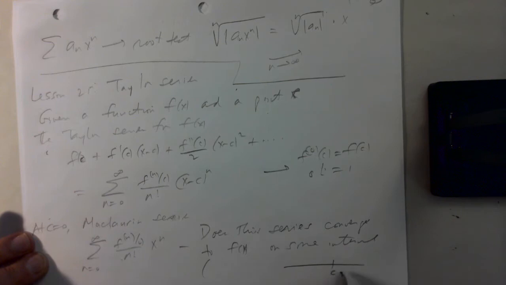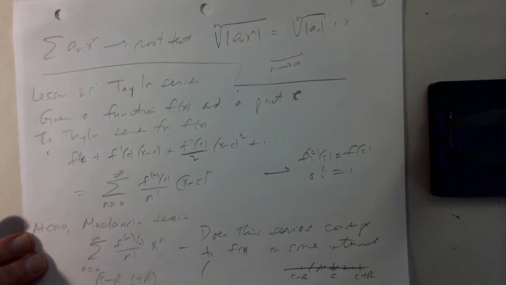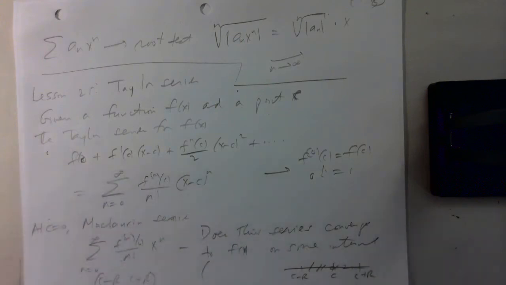So here's the point c, which could be 0, and then maybe c plus r, c minus r. In some interval centered at c, does the series converge, and does what it converges to actually equal the function? So that is always the question.